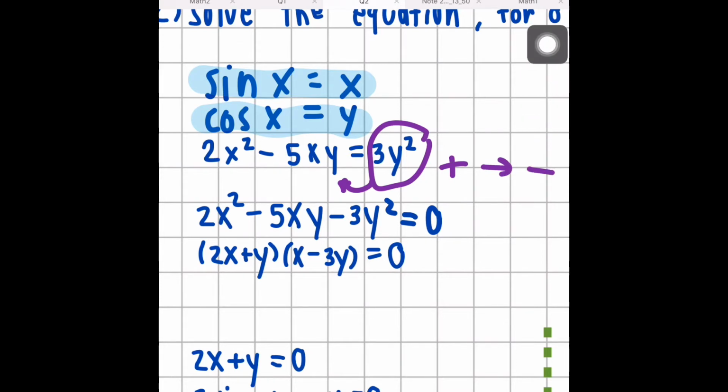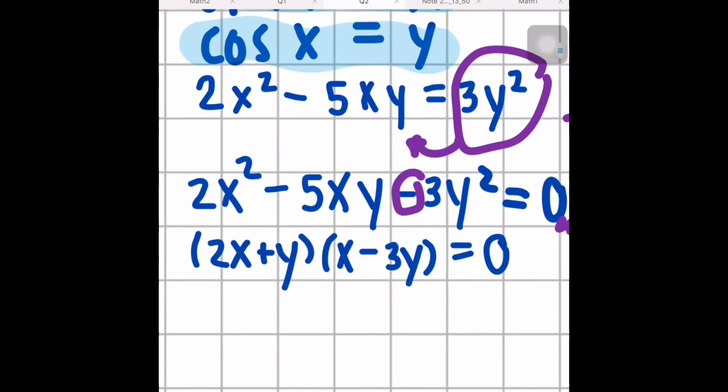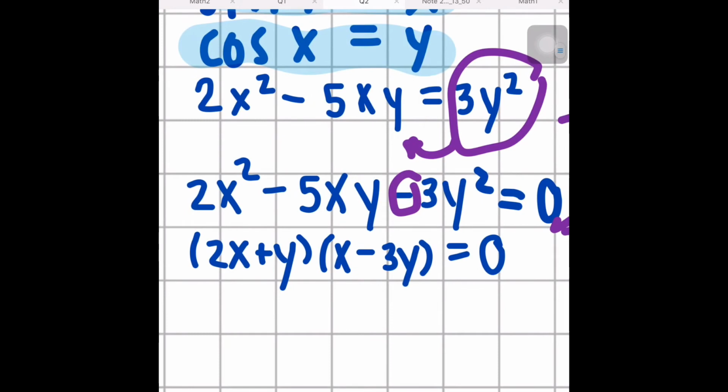So it will be 2x squared minus 5xy minus 3y squared equal to 0. After that, we will do factorization. Make it into 2 parentheses, and the answer is 2x plus y multiplied by x minus 3y equal to 0.